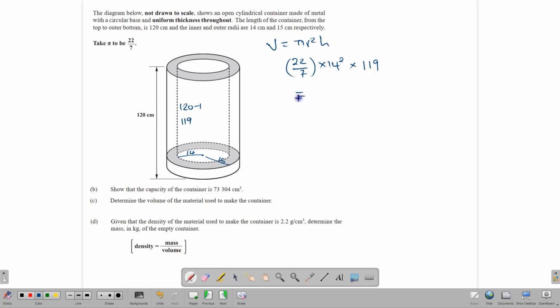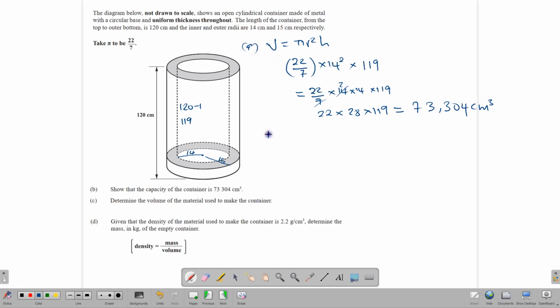We could do a bit of the calculation here. 22/7 times 14 times 14 times 119, and that gives us, do a little bit of division, 22 times, this is 2, so 2 times 14 is 28, times 119. Once you do that calculation, you will see that you get 73,304 centimeter cube. So there we go. That's part A.